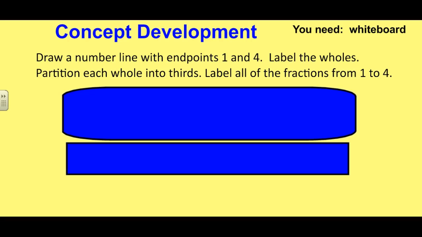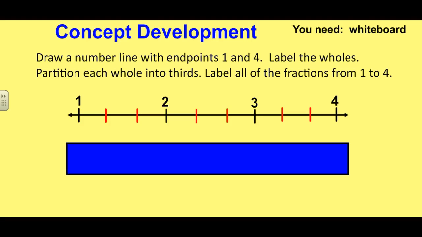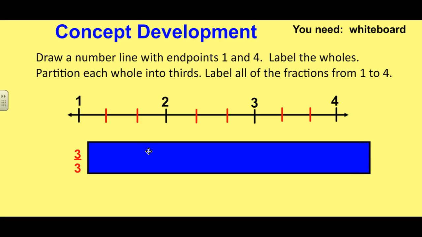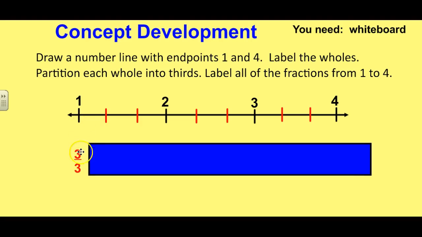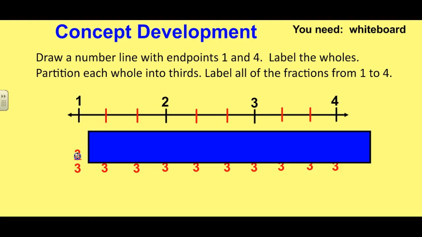Okay, so your number line should look like this, where you've got each section between the whole numbers having 3 equal parts. And we know that our denominator is going to be 3, so we know that our first fraction underneath 1 is going to be 3/3. And then all we have to do is move on to the next fraction.